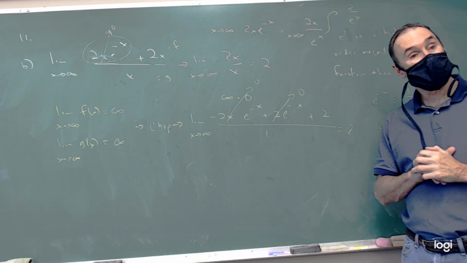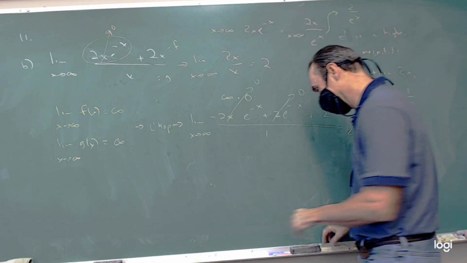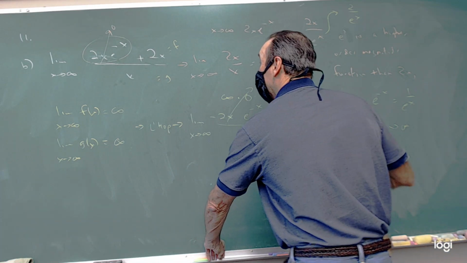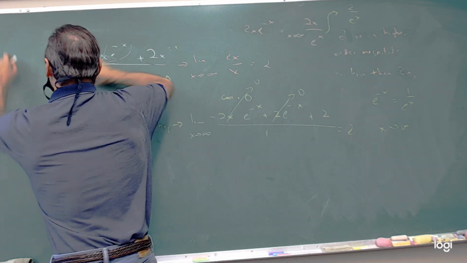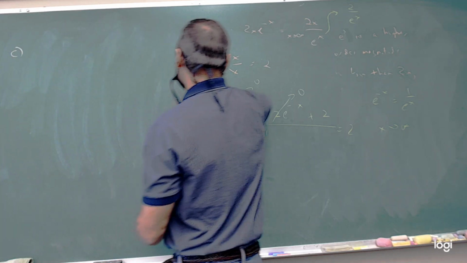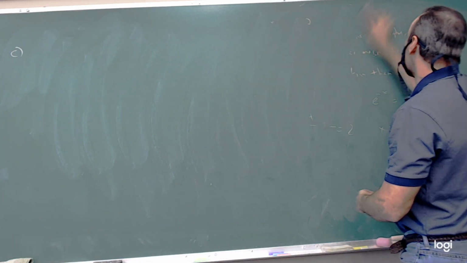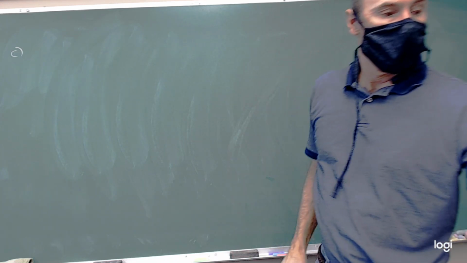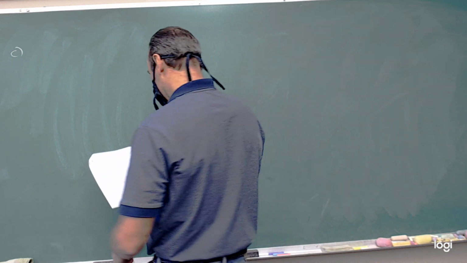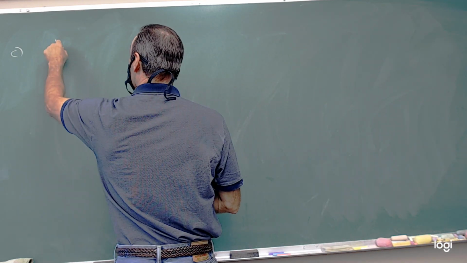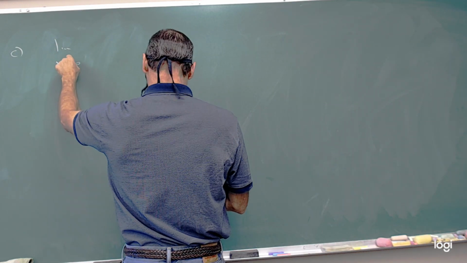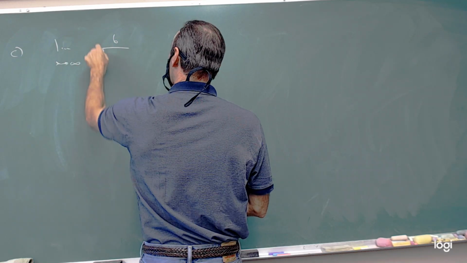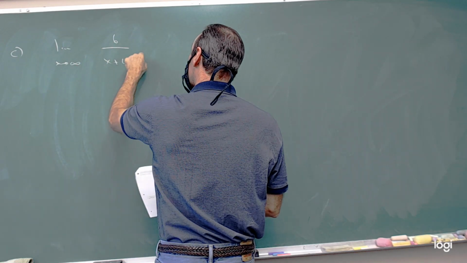Let's see, I think we're up to C, right? Okay. So C is now limit as x goes to infinity, 6x over x plus cosine x.